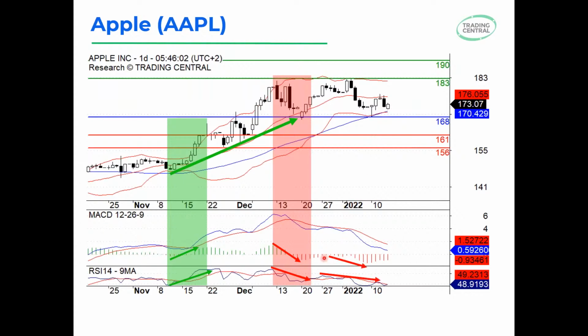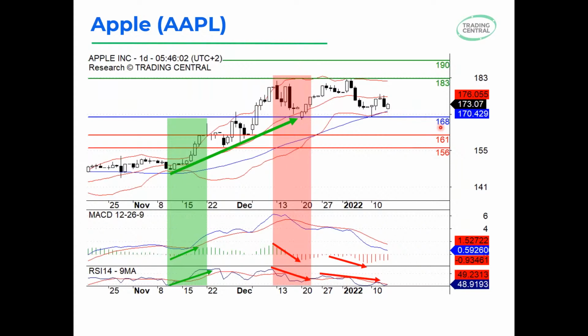We can see that the histogram has not turned positive for most of the last month and this month. However, I'm still cautiously bullish on this one.